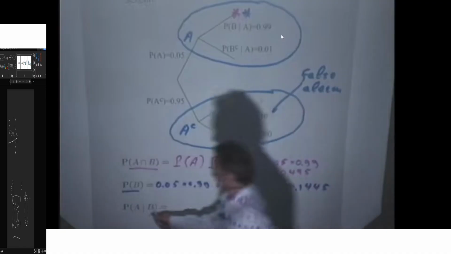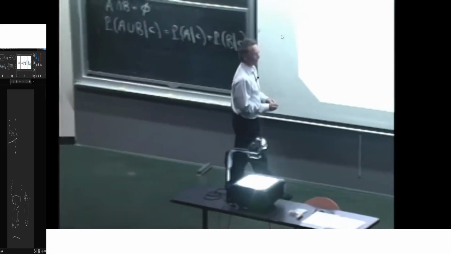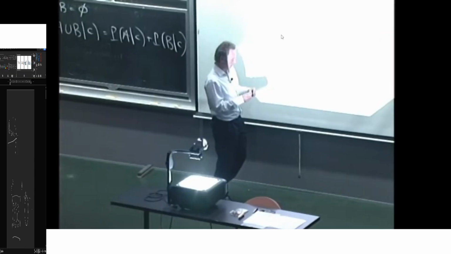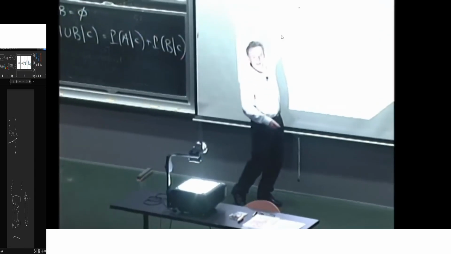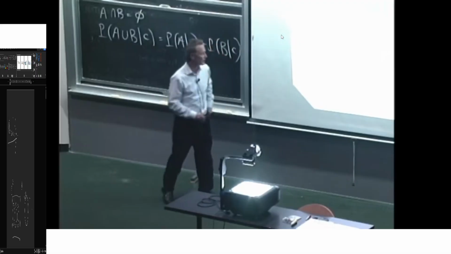Given that your radar recorded something, how likely is it that there is an airplane up there? Your radar registers something that can be caused by two things. Either there's a plane there and your radar did its job, or there was nothing, but your radar fired a false alarm.